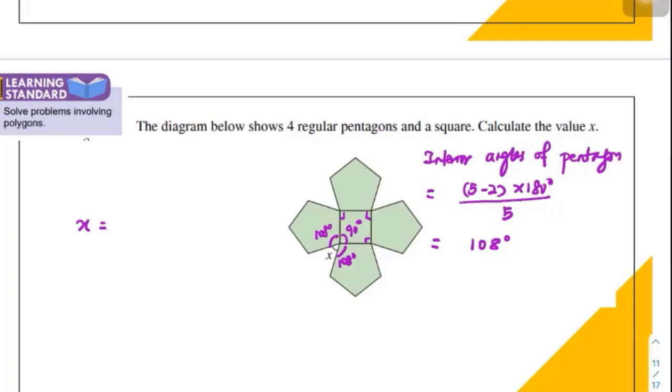You got 108 here already. How to manage to determine the value of x? Just now did you follow or not? How about Nuha? Nuha? Yes.